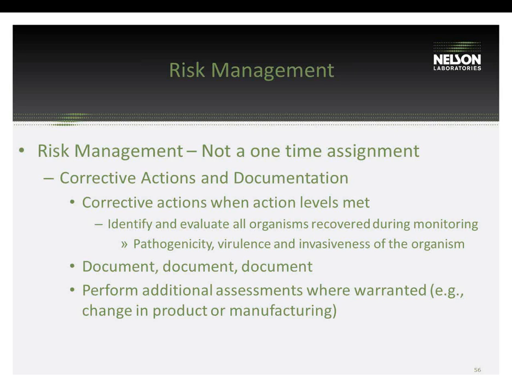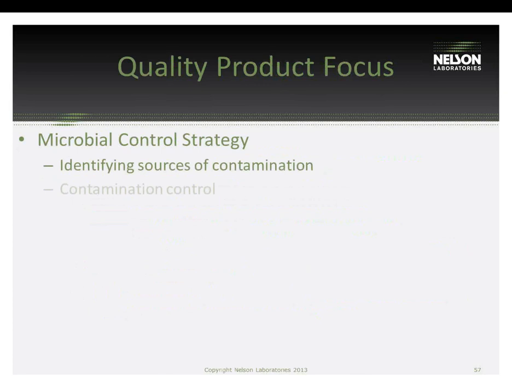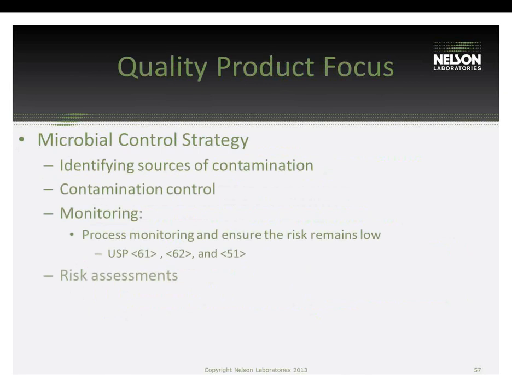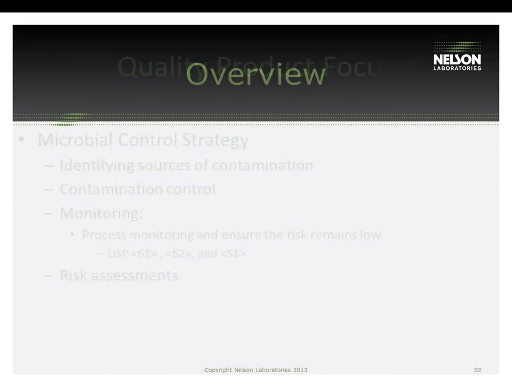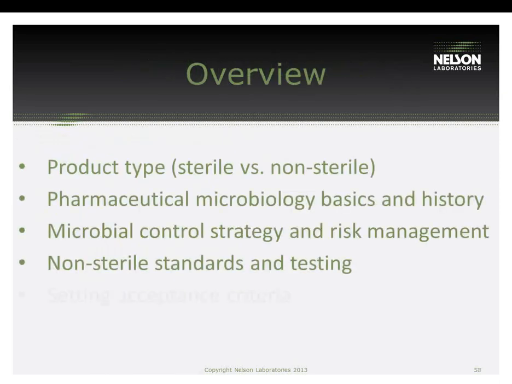And if anything changes in the manufacturing, you will most likely need to do an additional assessment to see how that could affect the products. And have a microbial control strategy, identifying the sources of contamination, contamination control, monitoring raw materials, environment, and finished products through the tests we've covered, and performing risk assessments.